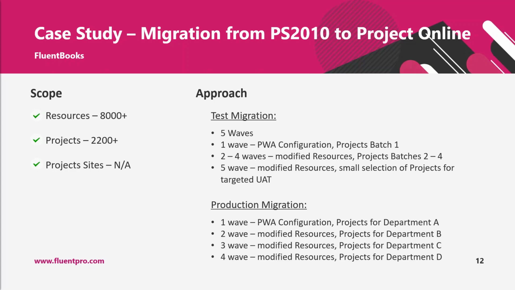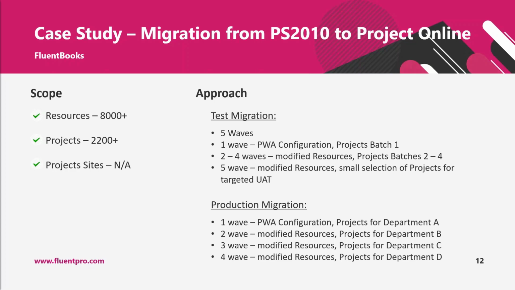So during the test migration, we decided to split it into several waves, because verification is easier for the migration team and for the customer who is performing UAT when you have a specific list of projects that you need to migrate and to verify.